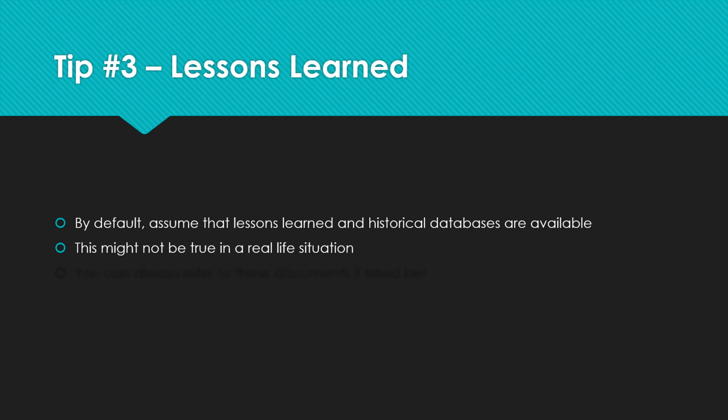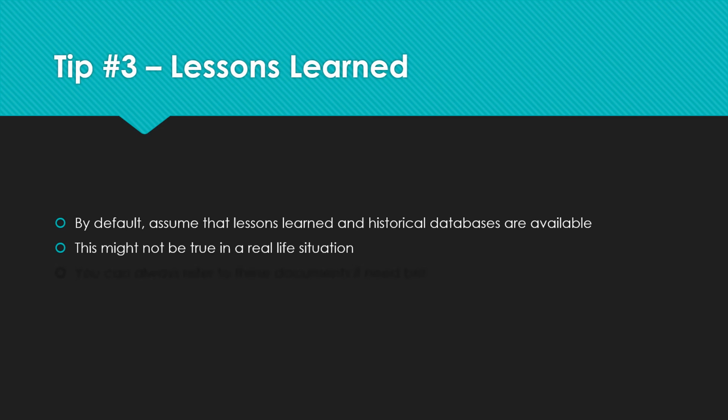There might not be a historical database of what has gone wrong or right and what the lessons learned from previous projects are available to you in real life. But in an ideal PMP scenario, in an ideal project management scenario, that is where the PMP questions address you, right?